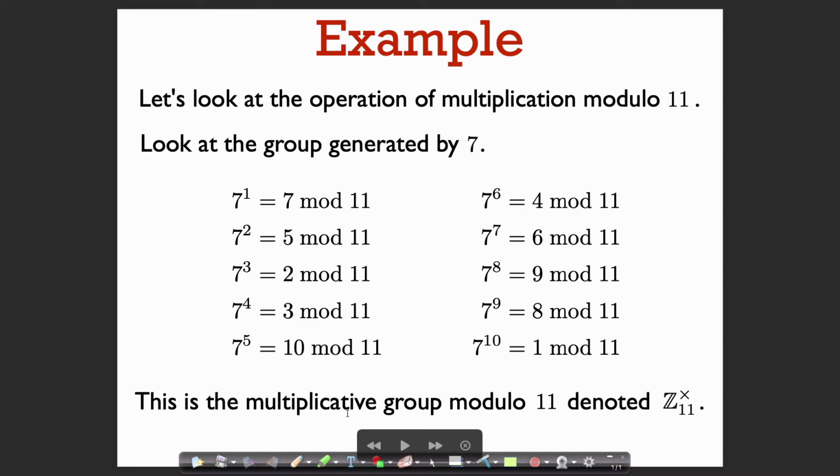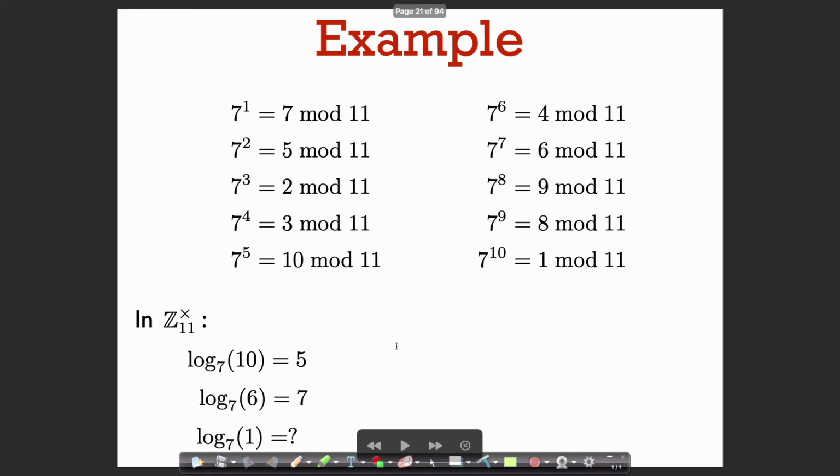Okay, so this is just known as the multiplicative group modulo 11 and denoted like this, which I'm going to read as Z11 times. Okay, so now that we've written everything out, we can use this to figure out some discrete logarithms. Okay, so what is the log base 7 of 10?